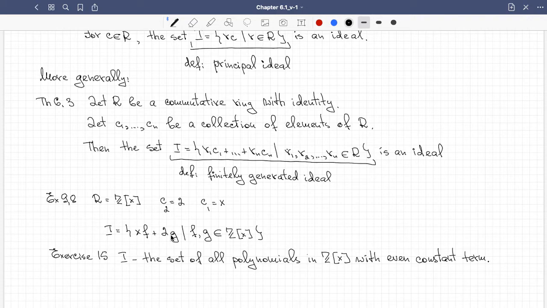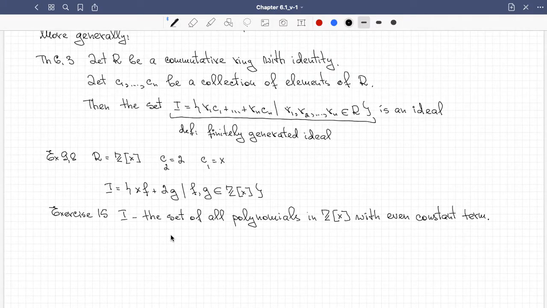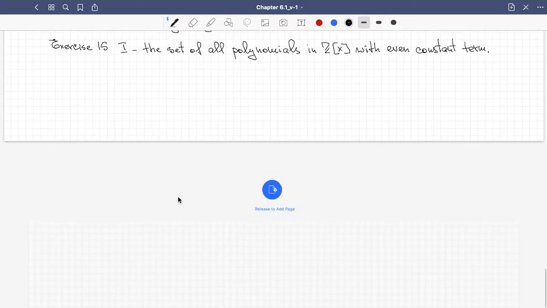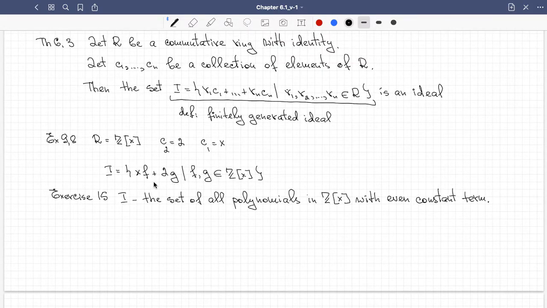At the same time, it is not difficult to present any polynomial with even constant term in this way with some f and g. So I will show you only one direction. One direction I told you, it is very easy to see that the constant term is always even.